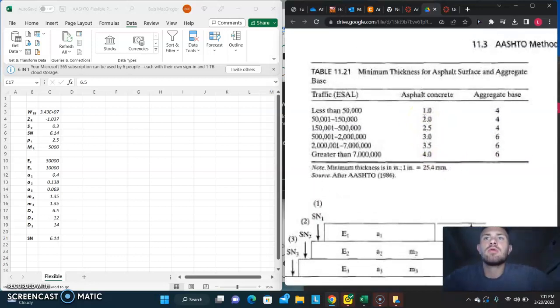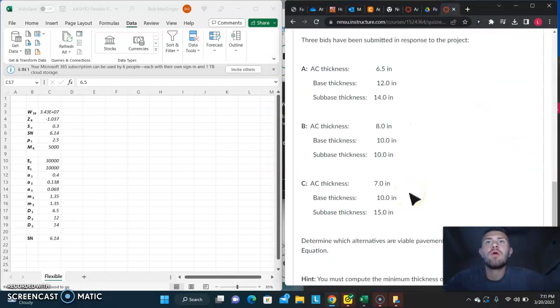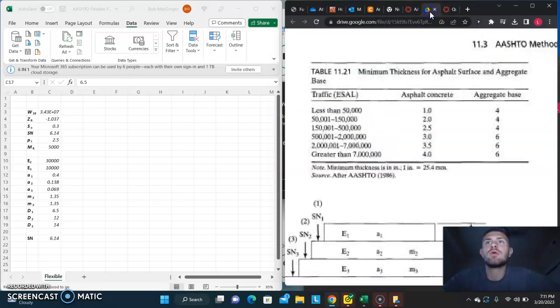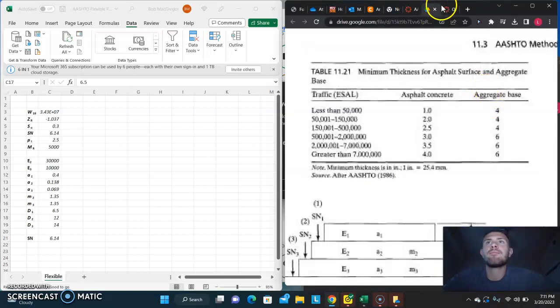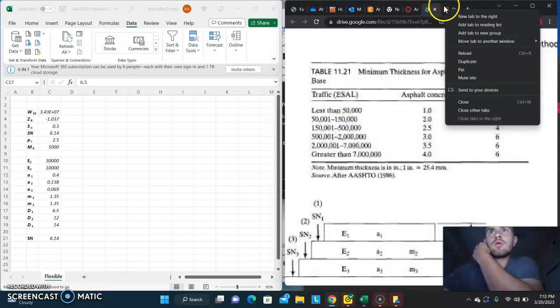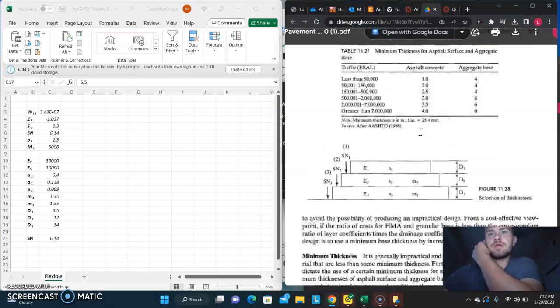Oh, here we go. Minimum. So for the E cell greater than 15 million, the minimum should be 6 inches. They're all greater than 6 inches. Or for asphalt concrete, I mean, they're all greater than 4 inches.